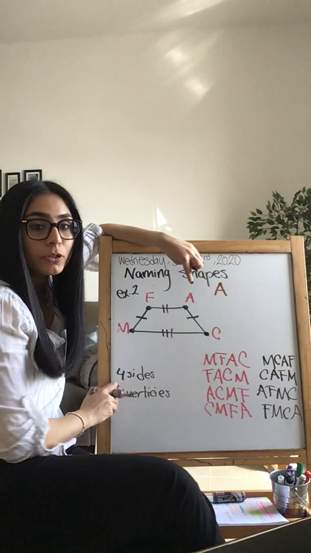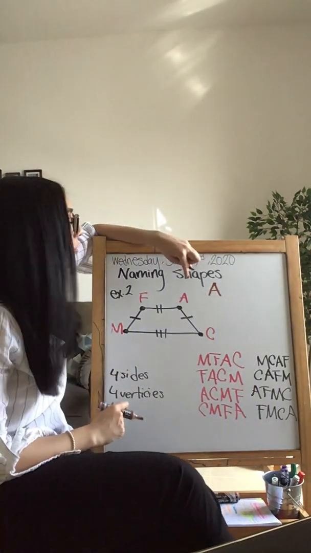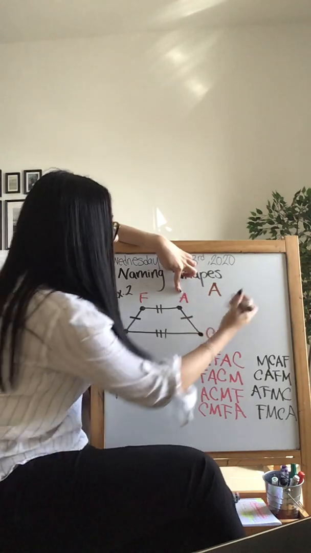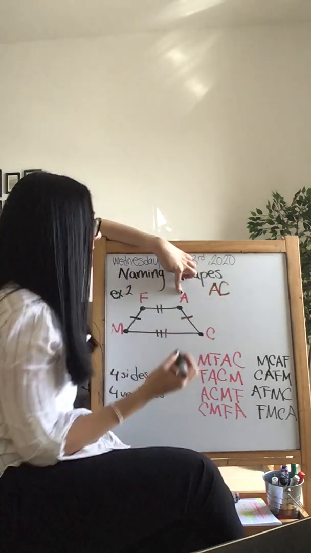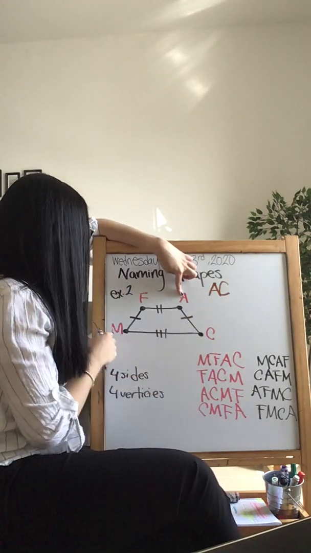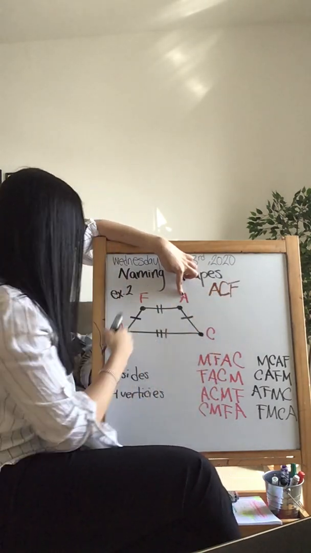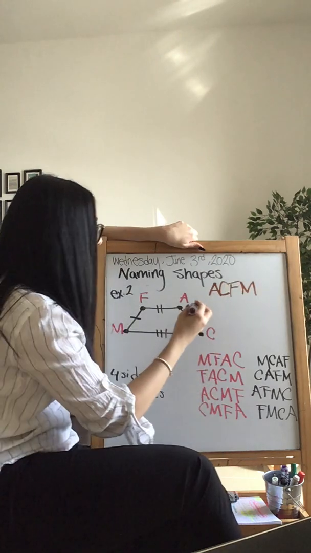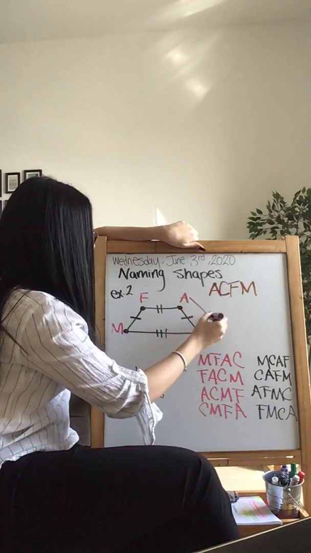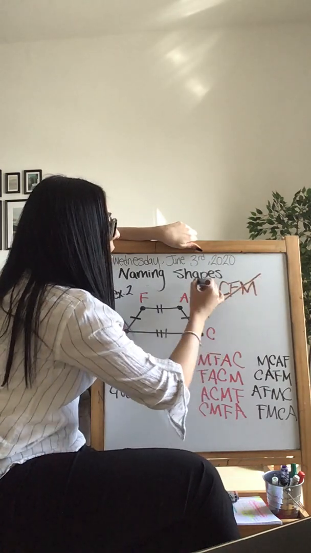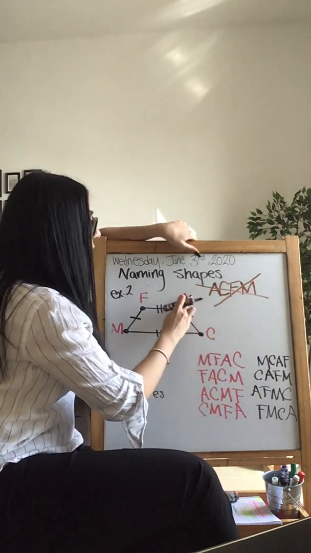You have 8 different options, but you cannot go out of order. So you cannot do this. If I have A, and let's say I go to C, and then I decide I'm not going to keep going, I'm going to jump to F, and then come back to M. You cannot go here, then here, then here. That is not allowed. That would be wrong, because you did not go in order.